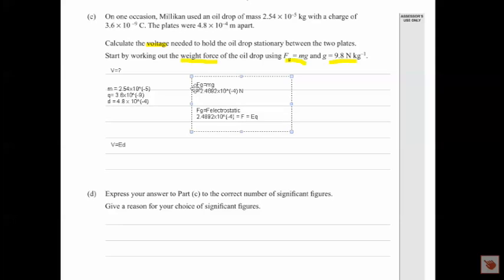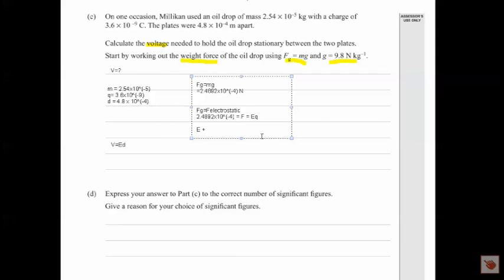I got that from calculating the force of gravity. I know what the charge on the droplet is because I've tracked that. That's that right there.